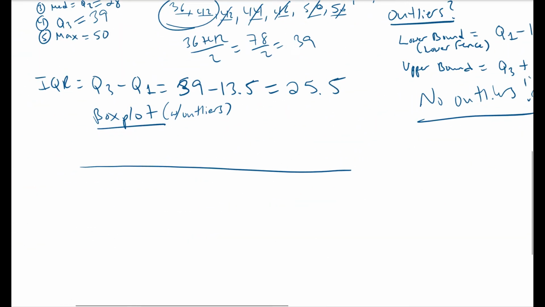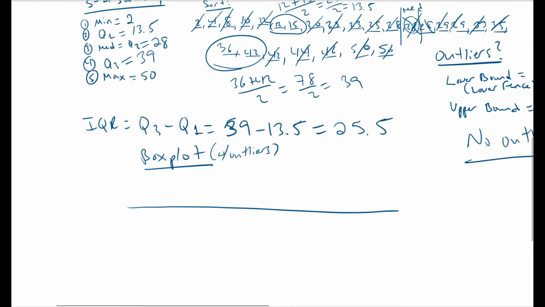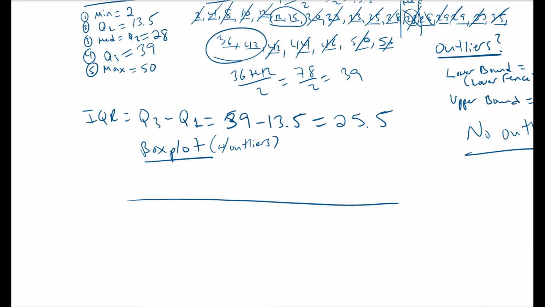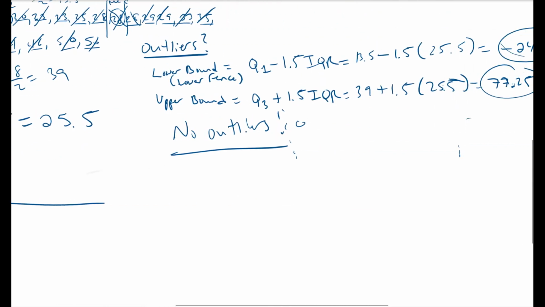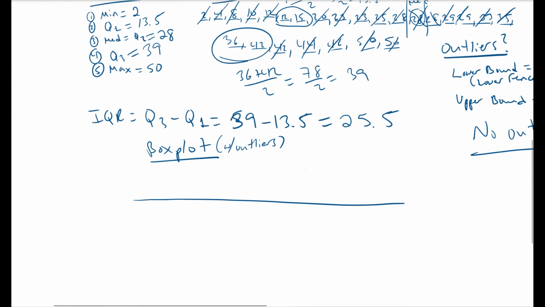So let's start with, we're going to go from 2 through 50, probably the same way that we did. Let's actually start at 0, and since our fence is about negative 25, this is negative 25, and we'll go by tens.